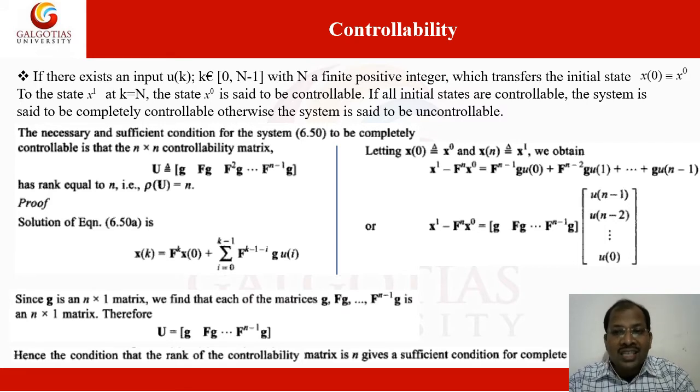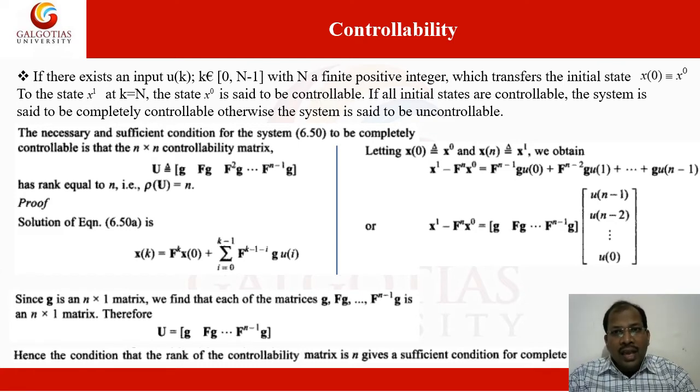If all initial states can be transferred to other states, then we can say that the system is completely controllable. If this does not happen, then we say that the system is uncontrollable.